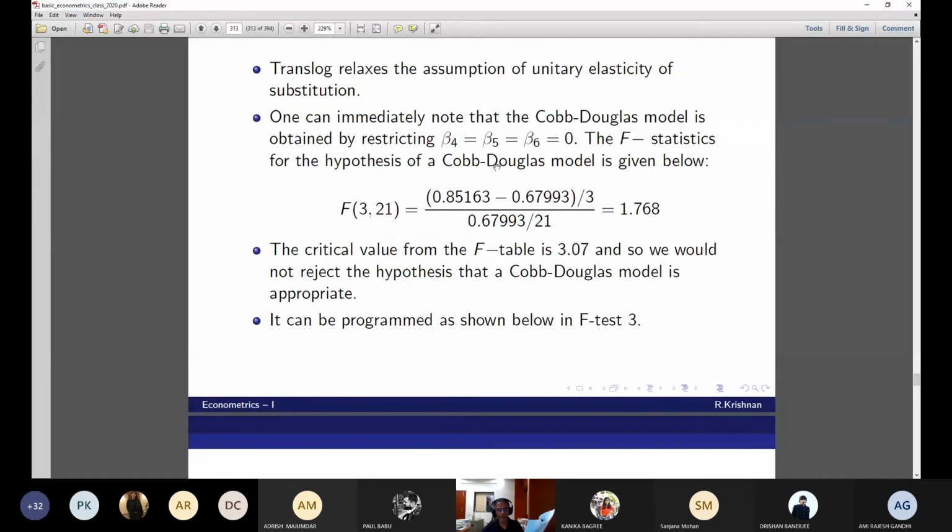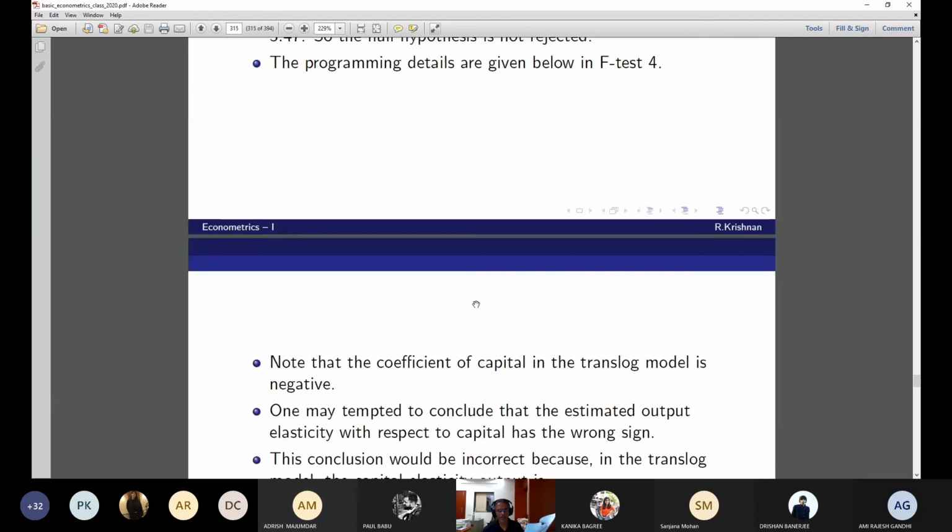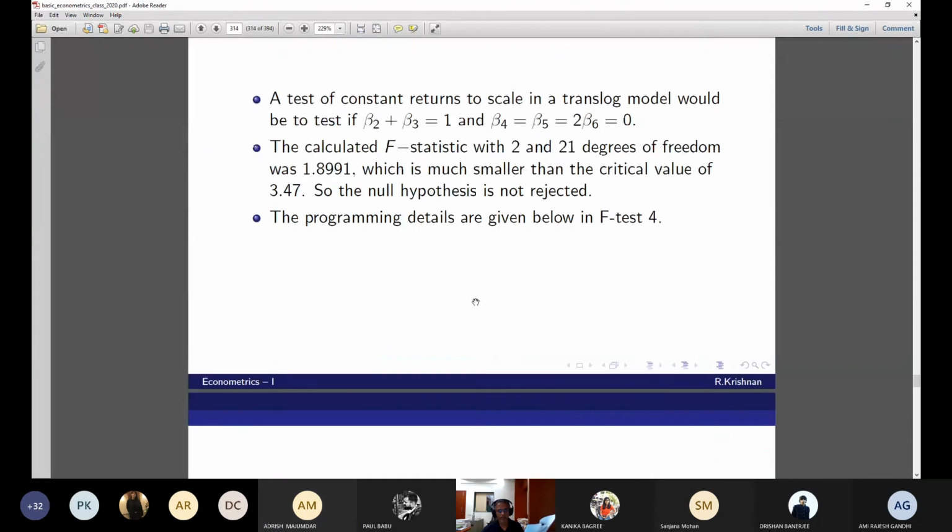There is a typo here. Actually, it should be beta 4 plus beta 5. I don't know what I've done, whether this is a typo. There's a problem with this calculation. I'll get back to you, Adrish, okay? I don't know why I've done this. I have to check this particular part and get back to you, okay?